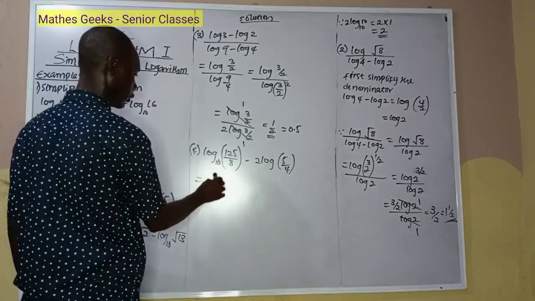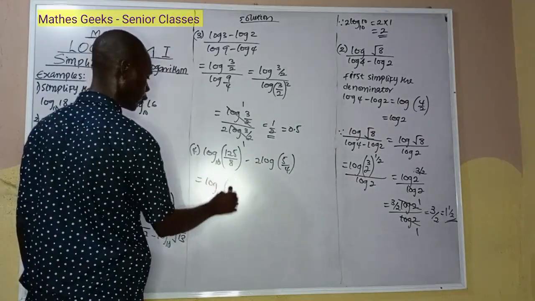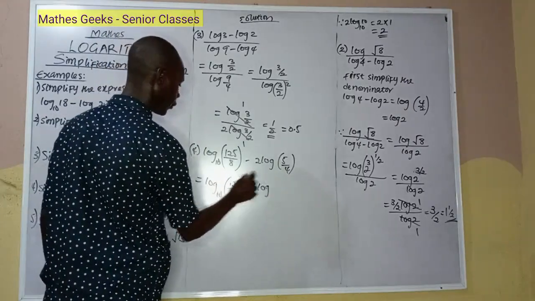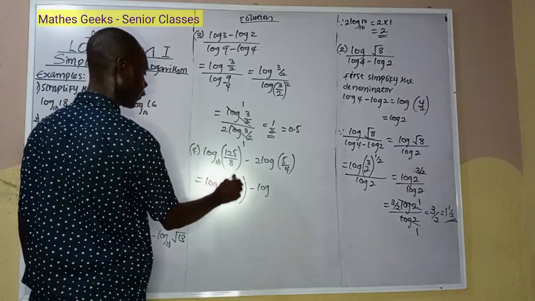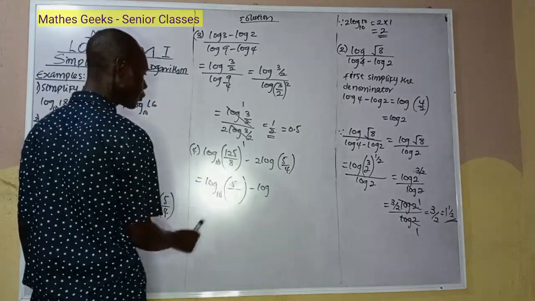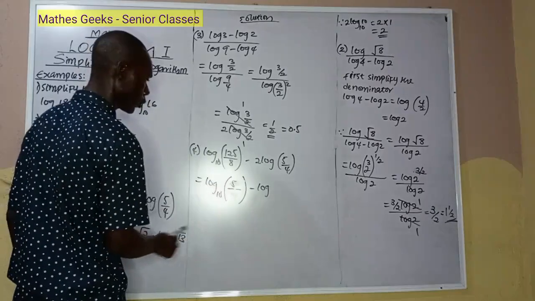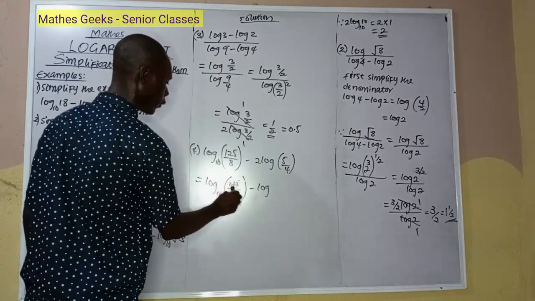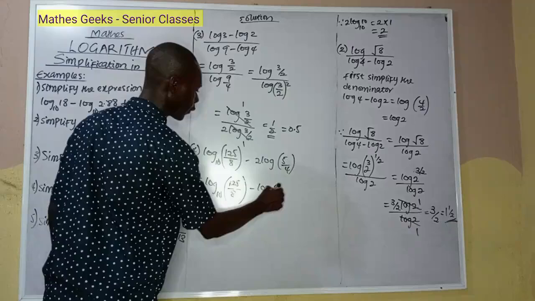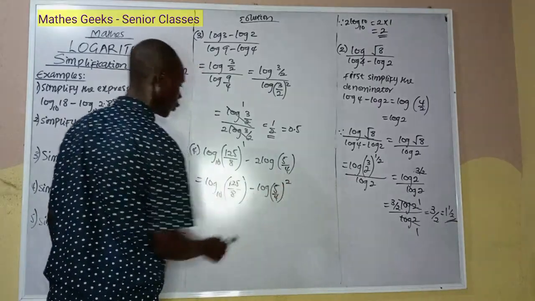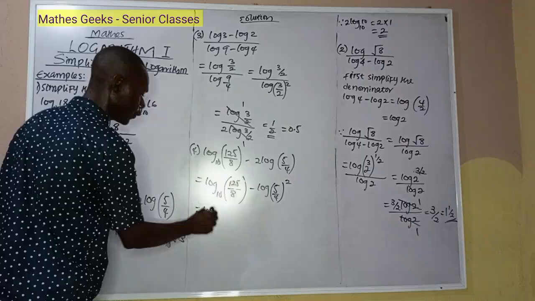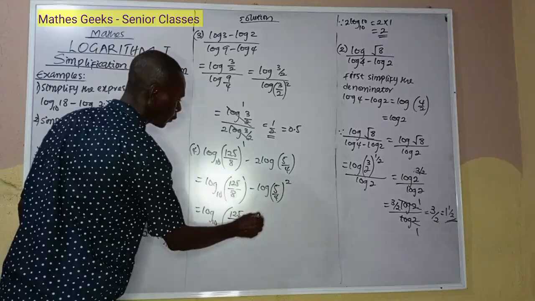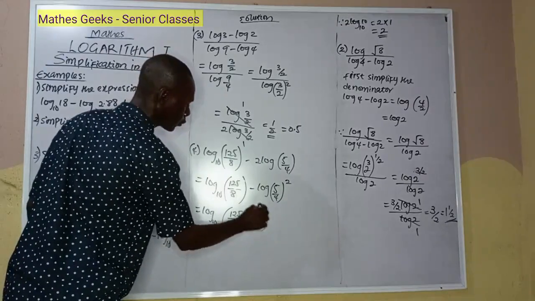This will give us log 125 over 8 minus log 5 over 4 raised to the power 2. Since it's subtraction, we're going to divide. So 125 over 8 divided by 5 over 4 squared.